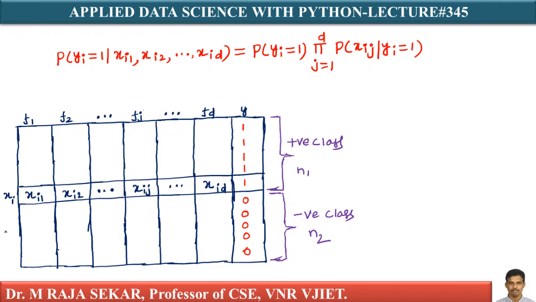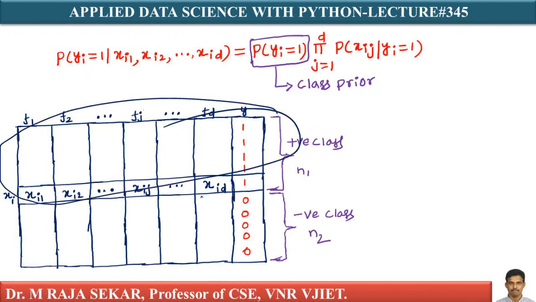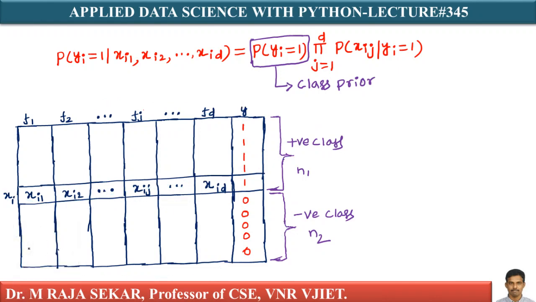Then, what is this probability of yi equal to 1? It's my prior class probability, my class prior. Let's assume I have n1 positive points and n2 negative points, where 1 means the positive label and 0 means the negative label.